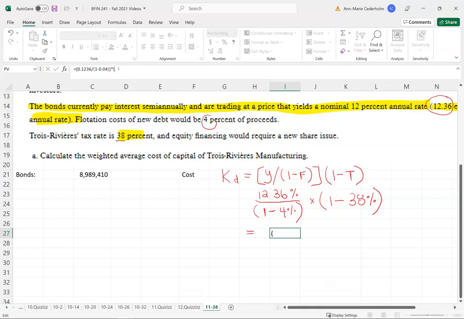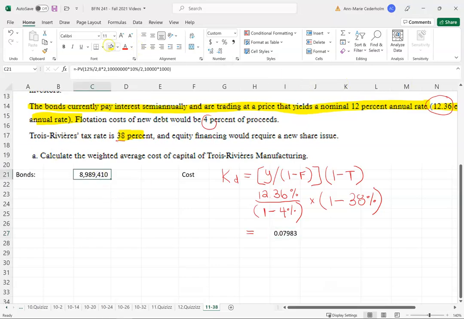And then multiply that by 1 minus the tax rate. And let's just round this to a few decimal places here. Okay, so now I've got the amount of the bonds and I've got the cost of the bonds.